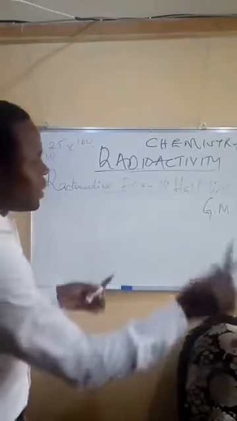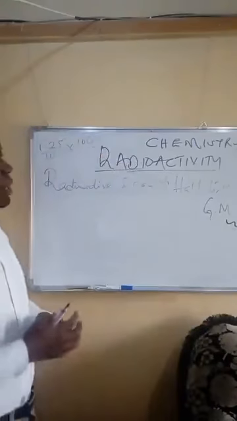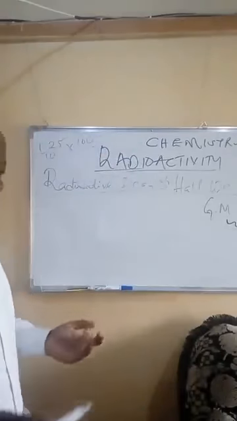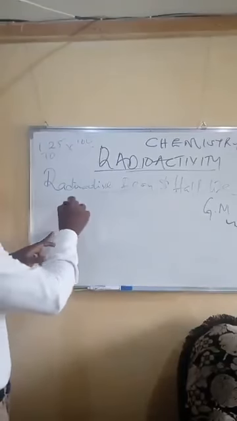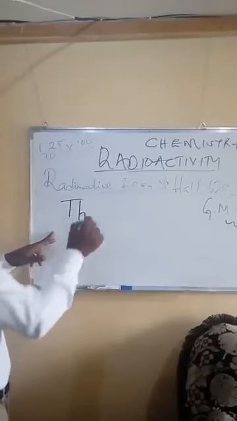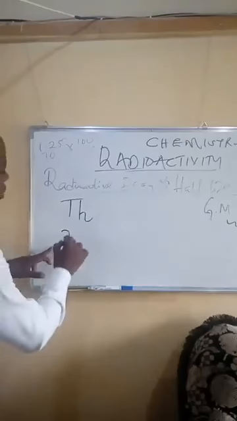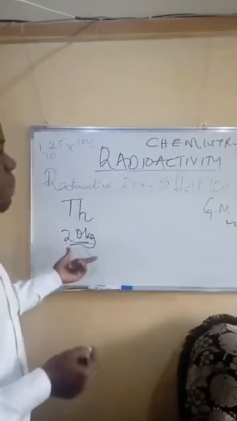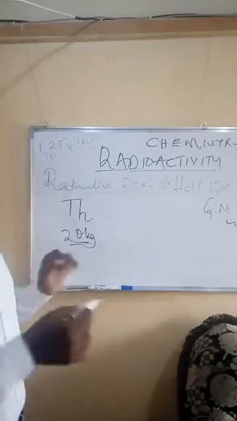Of course, the number of disintegrations or decays happening per second will depend on how many particles we have. Take for example the radioisotope TH, and we have, for example, 20 kilograms of TH. We have millions and millions of nuclides of TH, and all of them are decaying.